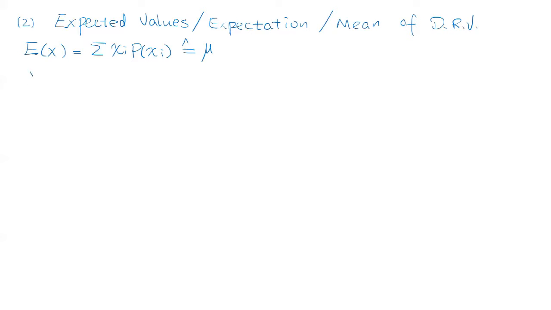And for any given discrete random variable, if we have a function of it, we can also calculate the expected value of this function, which is the sum of all possible values of this function times the corresponding probabilities.